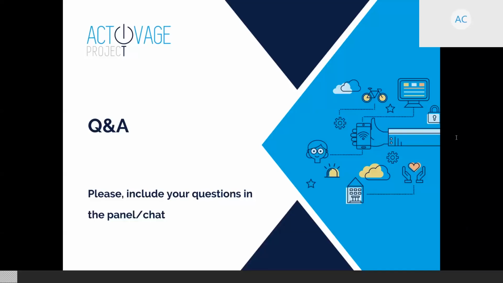If an ACTIVAGE partner happens to be a customer of the proposer, is this considered affiliation? Well, in this case no, because the restriction is that partners that are currently working in the ACTIVAGE consortium cannot participate in the open call.